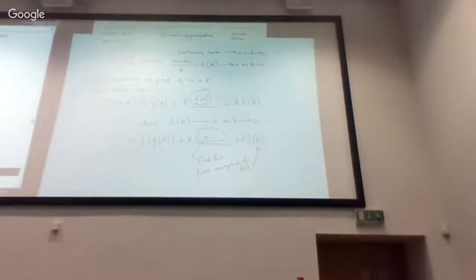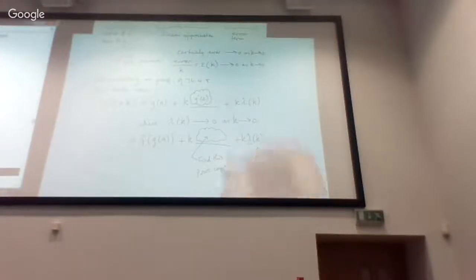It has the required form. It's f of g of a plus k times something. And the something, we recognize now, looks like the correct expression from the chain rule. It's the derivative of f evaluated at g of a times the derivative of g evaluated at a. What I've got there multiplying k is exactly the correct expression from the statement of the theorem, from the declaration of the chain rule. So it's looking good.